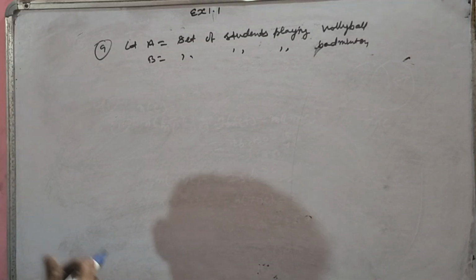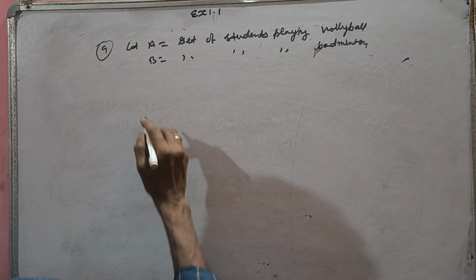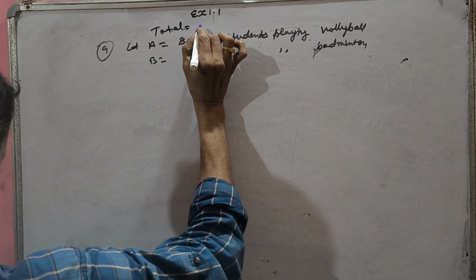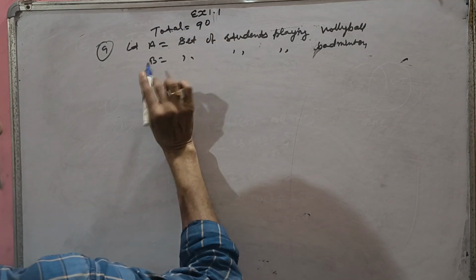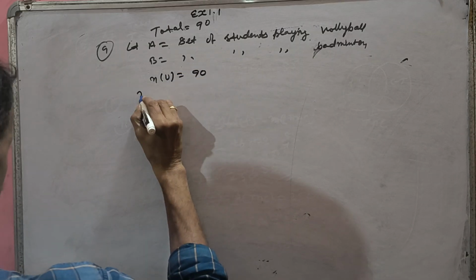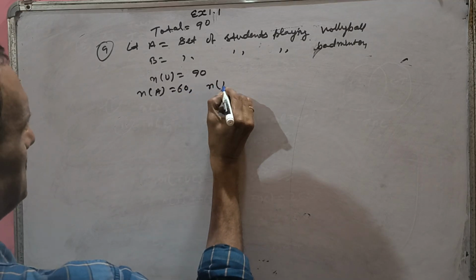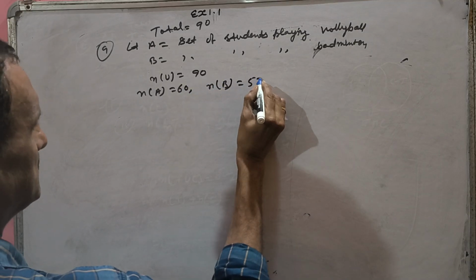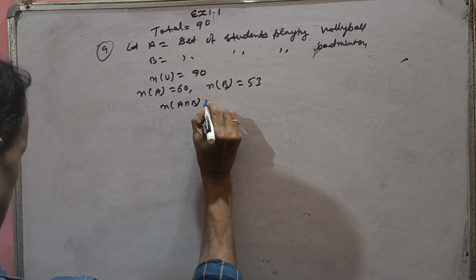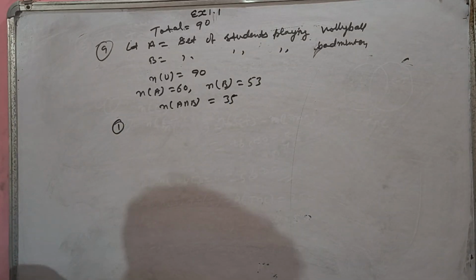See, there are students who can play neither, it is not mentioned here. Each of the students is playing either of the games. So total is given. Total is given 90. That is not A union B. That will be N(U) equal to 90. And N(A) equal to 60. And N(B) equal to 53. And N(A intersection B) is also given, both the games, 35.